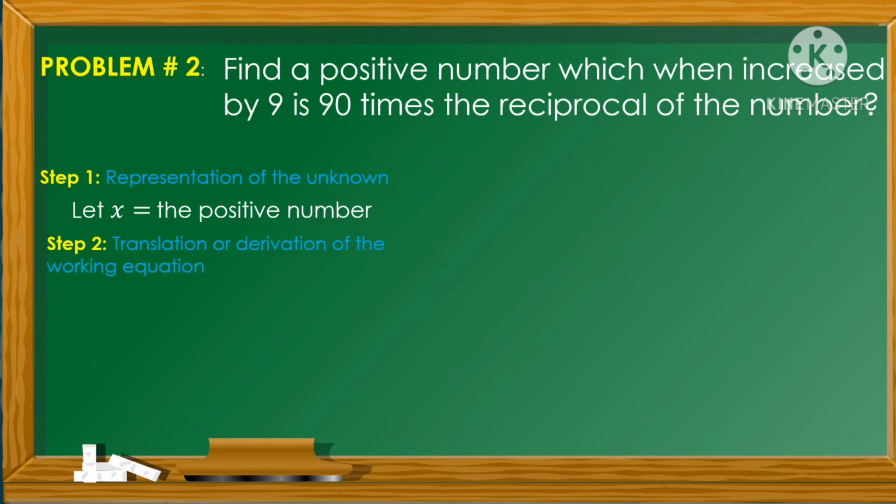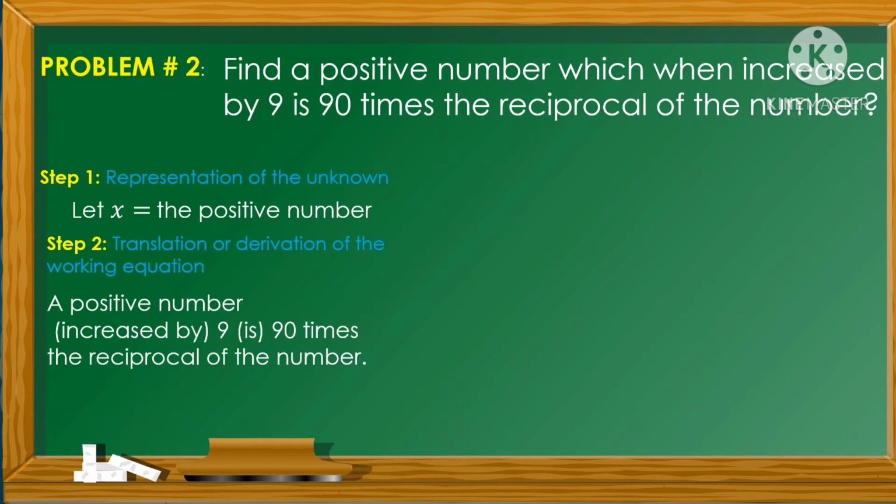Okay? Then, we'll make a working equation by using the statement: a positive number increased by 9 is 90 times the reciprocal of the number. So, tatranslate natin ito into mathematical equation. It will become x plus 9. X, nagre-represent doon sa positive number.